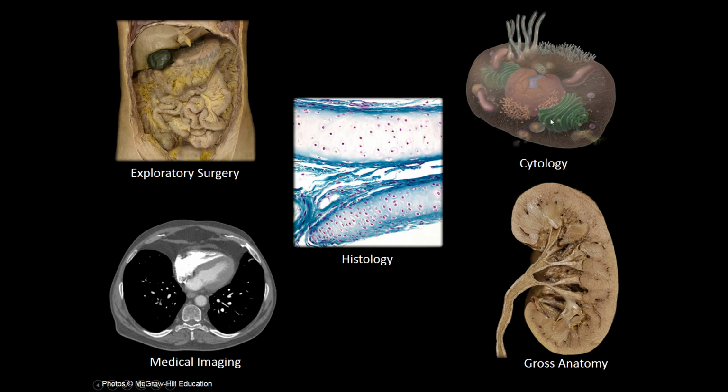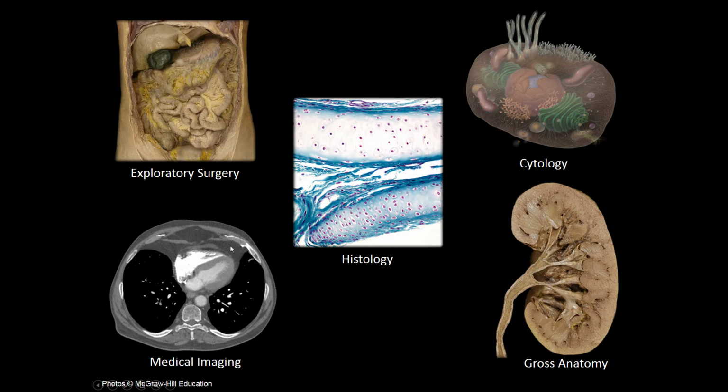If you want to look at individual cells using a microscope and their organelles, you will use cytology. If you want to see internal structures within the body, you will perform medical imaging.